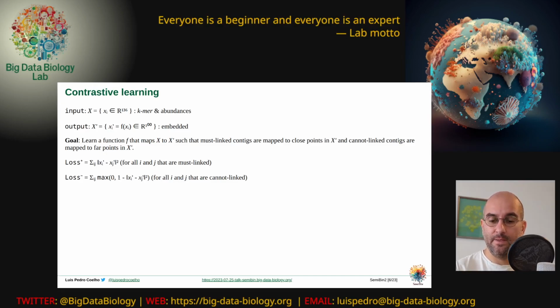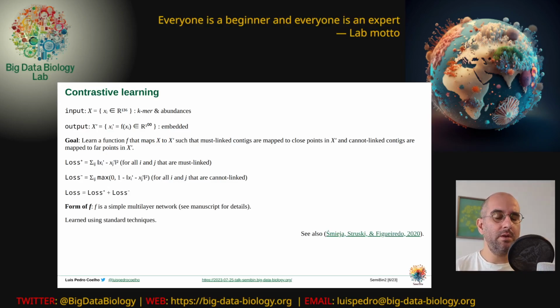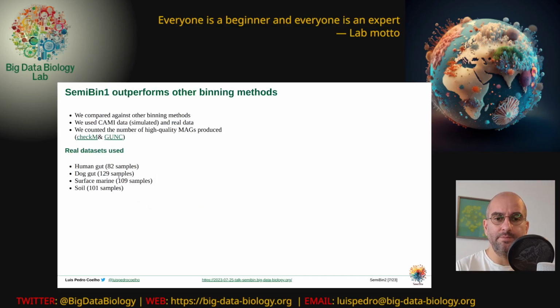So the total loss is the sum of the two, and then f, the function, is a simple multi-layer network. This is all very standard if you have a machine learning background, and we also didn't come up with this idea, so there's a link there to the original paper, but we are applying it to this setting here.